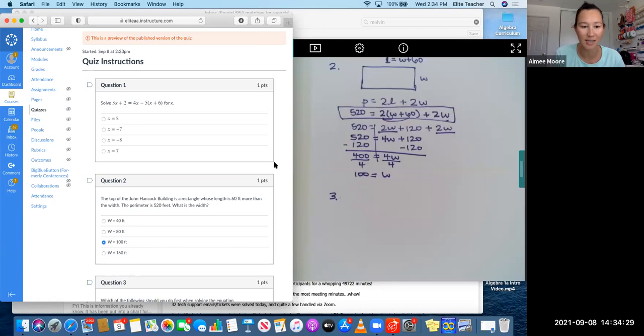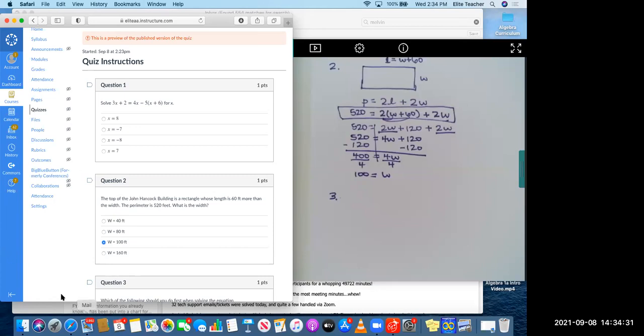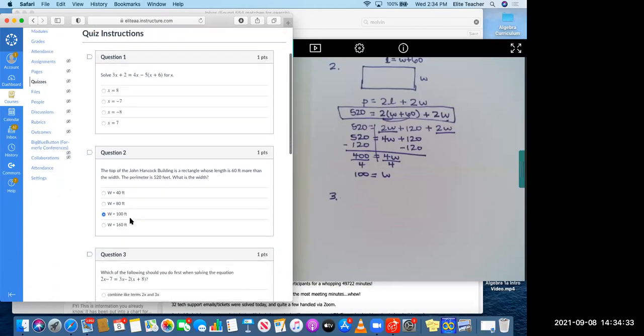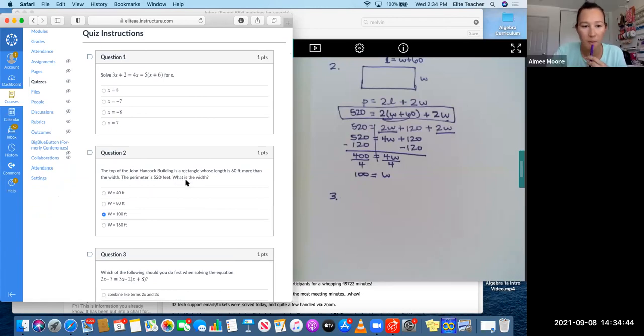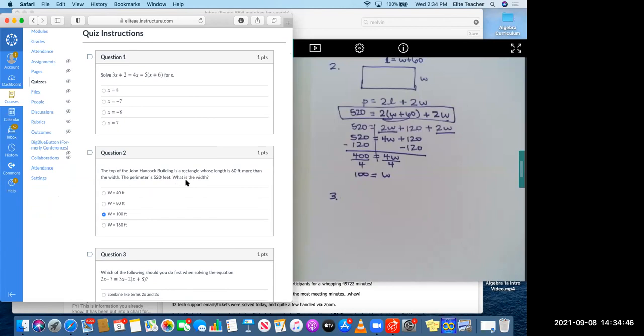Any questions? Question number 2, it said the correct answer was 160 on my end. Really? Well, it says what is the length, and on yours it says what is the width. Oh, okay.